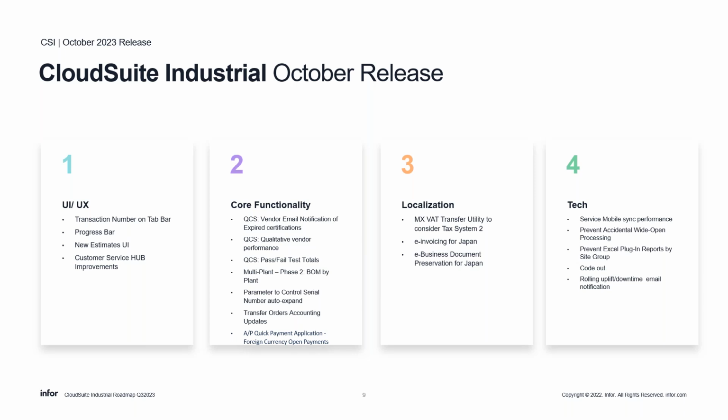And then we continue with our code out project. In July, we released the rolling uplift downtime email notification. So this is also something that we will be reintroducing in October, just to ensure that everyone is enabled to receive notifications for rolling downtime.